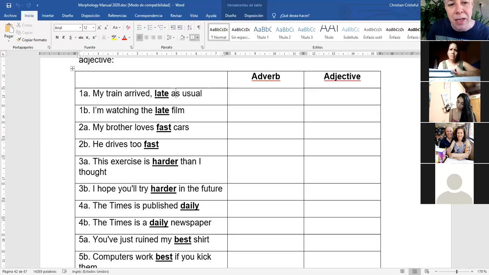Here in 1B, it says the late film. So late refers to watching, or to film? To film. Late film. So it refers to film. Because late refers to film and film is a noun, then we can classify this as an adjective.